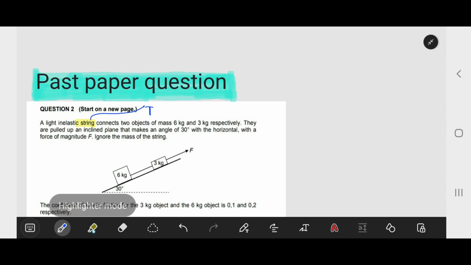So with the 6 kg we can calculate our Fg, right? And with the 3 kg we can also calculate the Fg for the 3 kg. So we have two blocks, right? So Fg for the 6 kg, Fg is equal to mg, right?